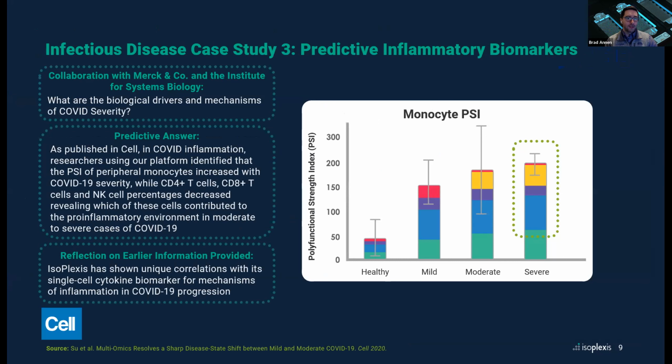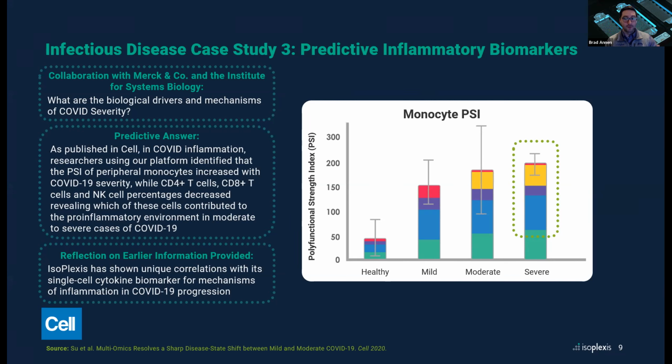Third application is a publication in 2020 in Cell, where these researchers were using our assay on COVID-19 samples. And they uncovered that in moderate to severe cases of COVID-19, they saw an upregulation of inflammatory cytokines in monocytes, which were acting as a supervillain in this case, while simultaneously they saw downregulation of secretion in CD4 helper T cells.